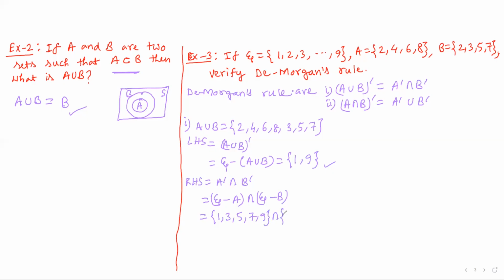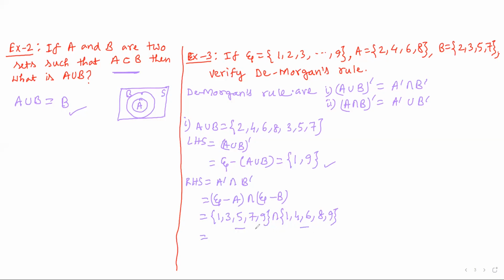Now from the universal set you have to remove the B set part: 1 is remaining, 2 will be removed, 3 will be removed, 4 is remaining, 5 will be removed, 6 is remaining, 7 will be removed, 8 is remaining, and 9 is remaining. Now we have to take the intersection between these two sets.